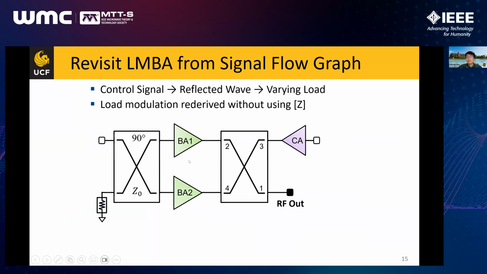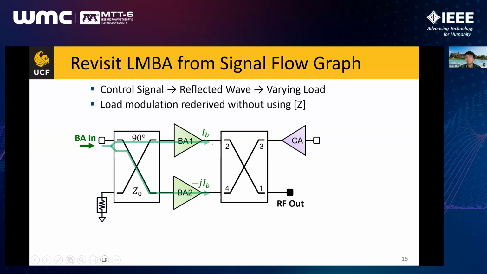Conventionally, the LMBA theory is derived in the impedance domain by treating this quadrature coupler with a Z matrix. But I will show for the first time that it can be revisited with the signal flow chart. If we only have the input signal from the BA input, due to the directionality of this quadrature coupler, both BAs see only a forward traveling wave.